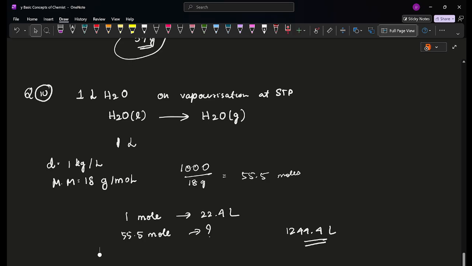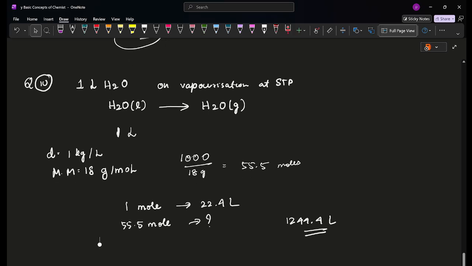Alright, so let's move on to the next question. So we have one more. Okay, so this one is basically 1 mole of 22.4 and 55.5 mole would give how much?